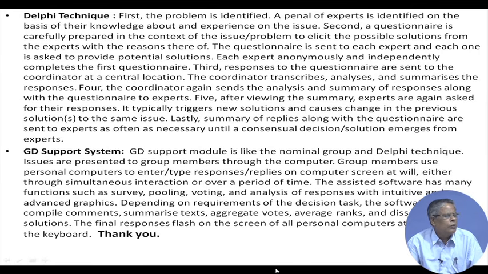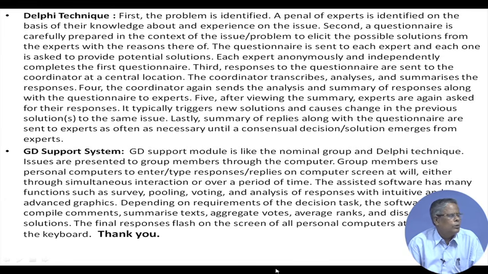a group decision support system just combines the nominal group and Delphi. People may be in different places, people may not talk with one another as in Delphi, but the decision will take place, or the particular product or service will be developed.